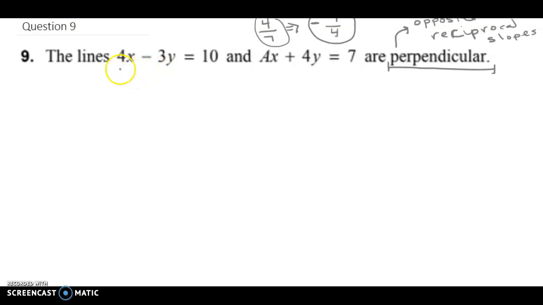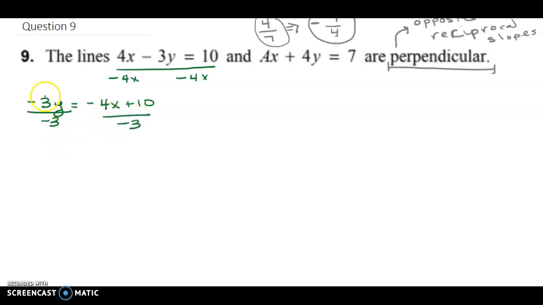Okay, so we're going to take this equation here, and I'm going to put it in terms of y equals, so minus 4x on both sides, minus 4x. I'm left with negative 3y equals negative 4x plus 10. Okay, divide by negative 3, divide by negative 3. Those go away.